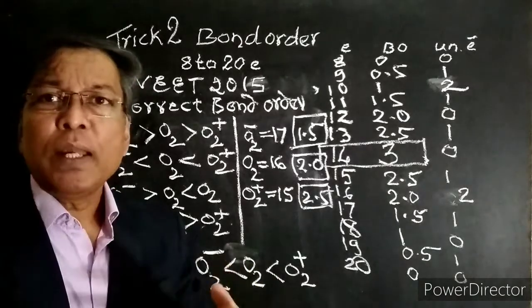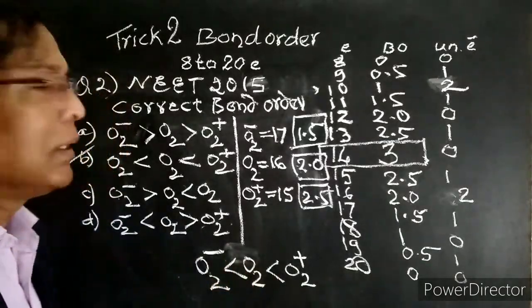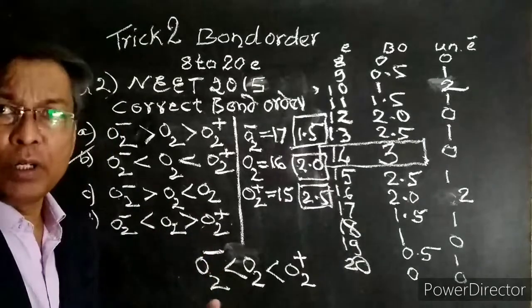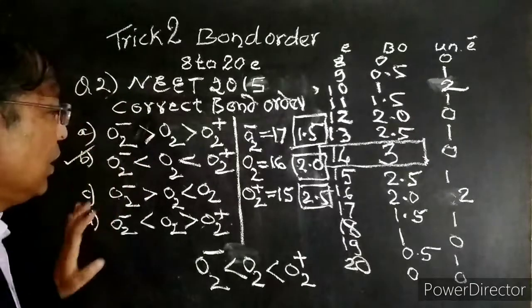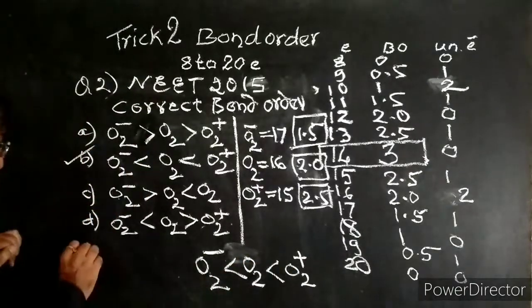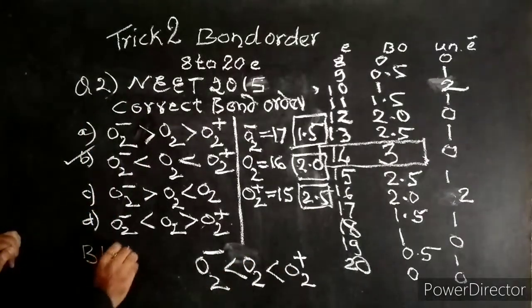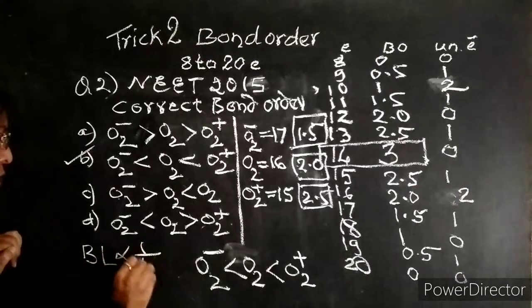Sometimes they modify the same question and they may ask the correct bond length order. If they ask the bond length order in the same question, you have to remember that the bond length is inversely proportional to bond order.